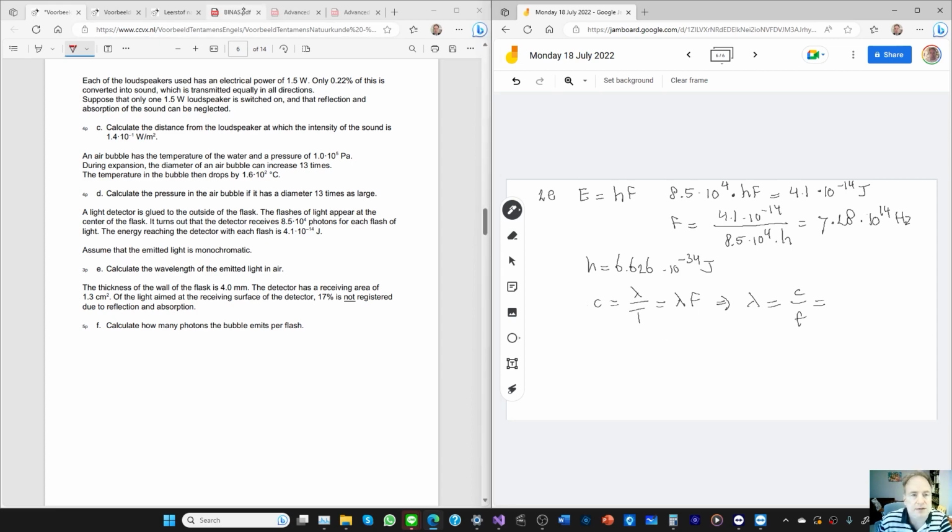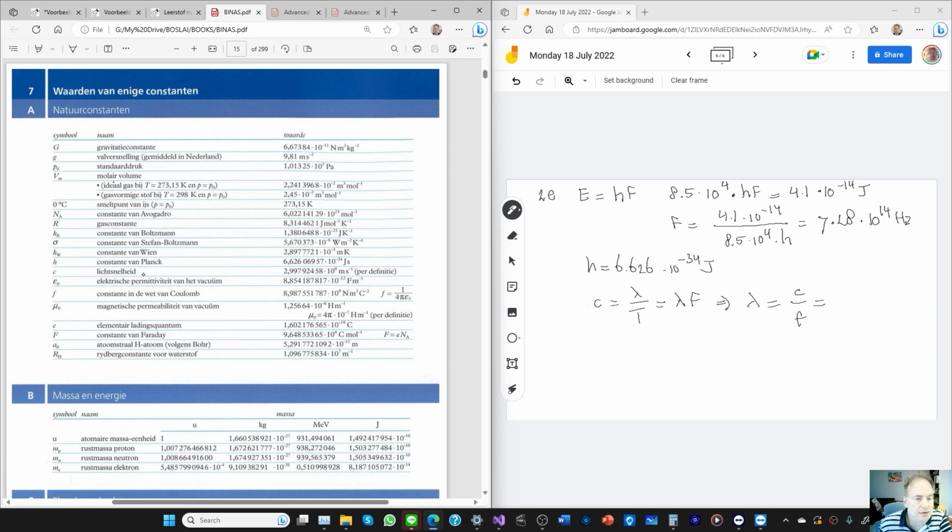And the speed of light, in 3 decimal places, I can just use 3.00 times 10 to the power 8 meter per second divided by that frequency. And so, go to my calculator.